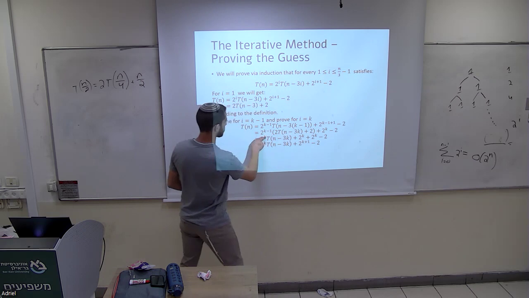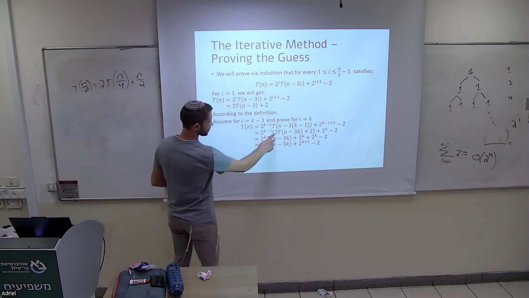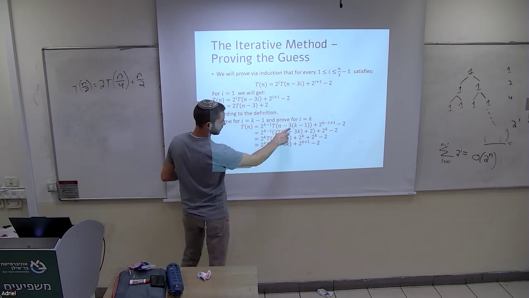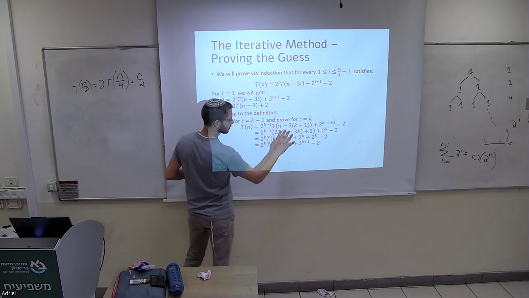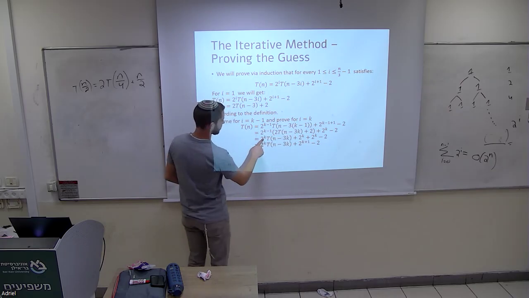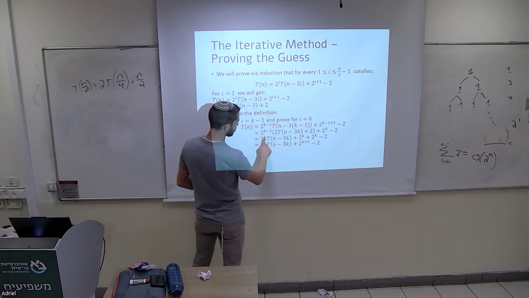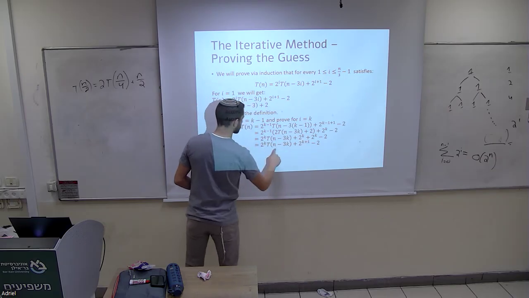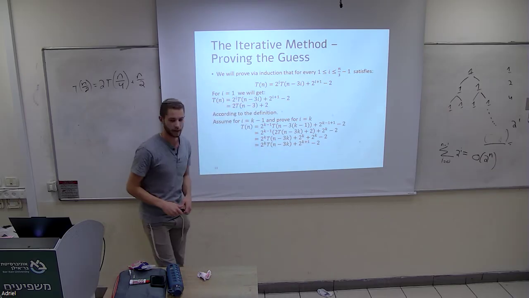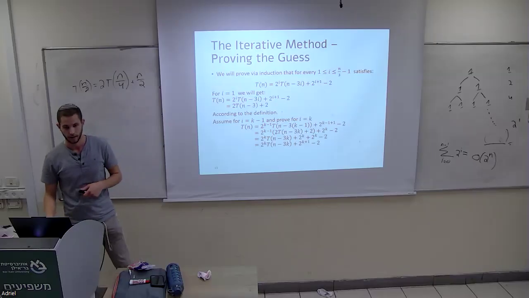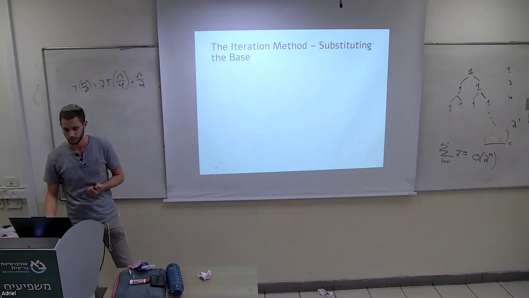But this is what you get when you substitute it one more time: it goes from T of this whole thing to 2 times T of whatever the formula was. Now we take the 2 out, it's to the power of k, and then it's just simple arithmetic, and we get to our desired induction hypothesis.